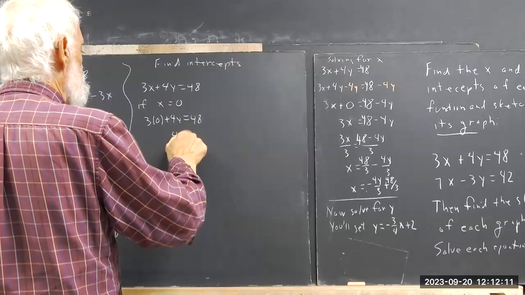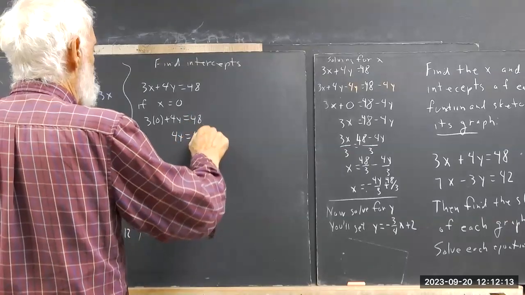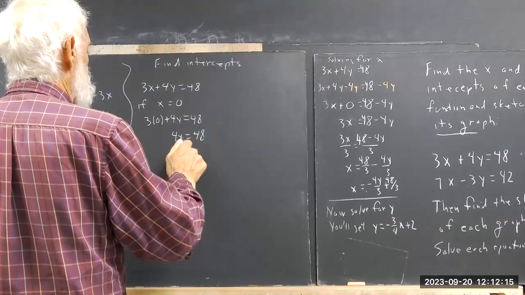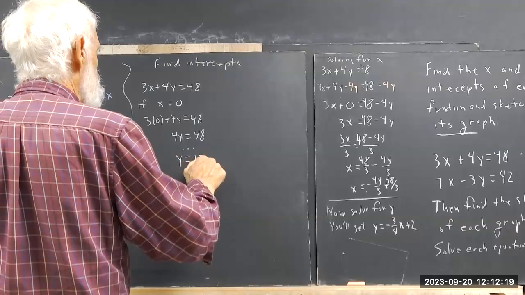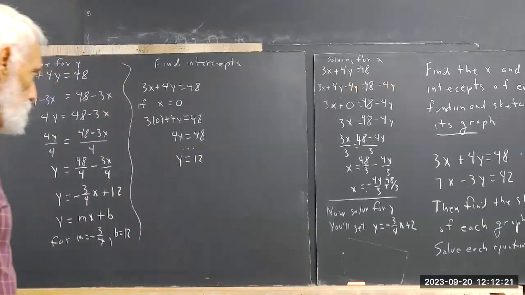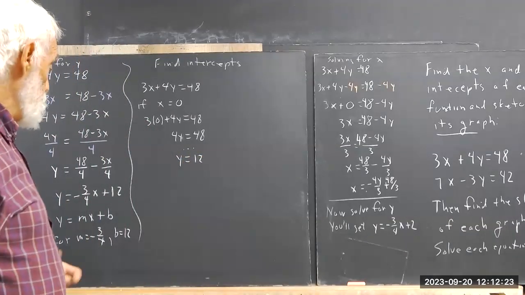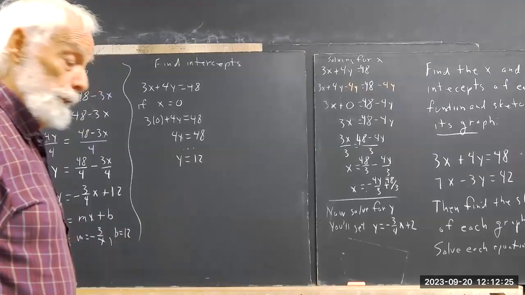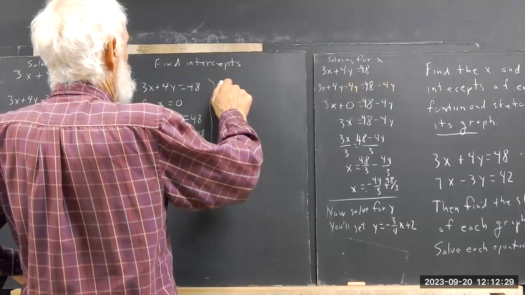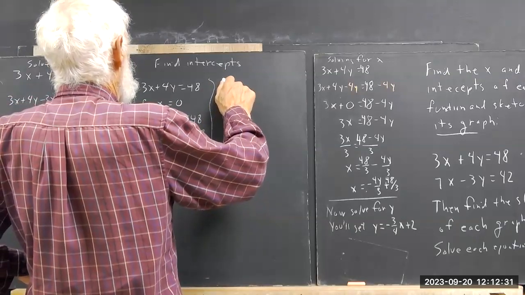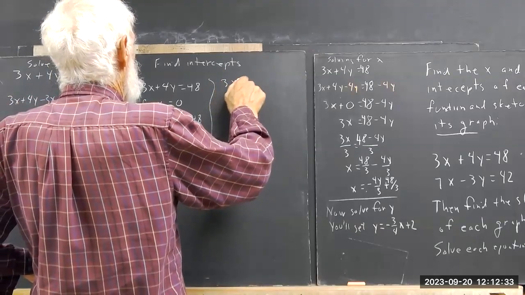So that 4y equals 48. Skipping a step here, we divide by 4, and y equals 12. Okay. And we've seen 12 before, just coincidentally, there it is and there it is. Well, here's a reason for that. Okay, now, write it out again.